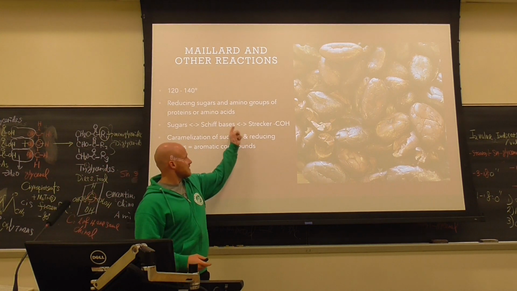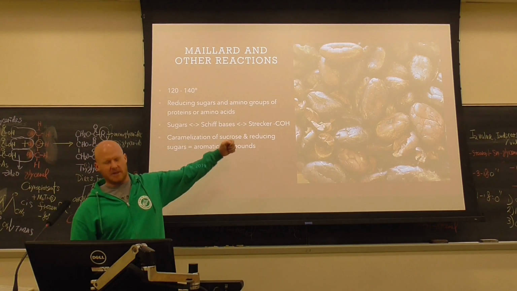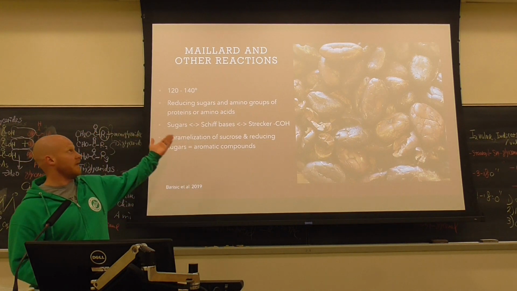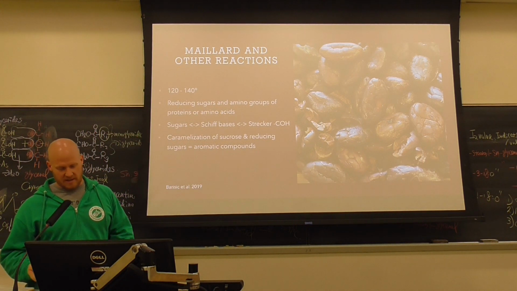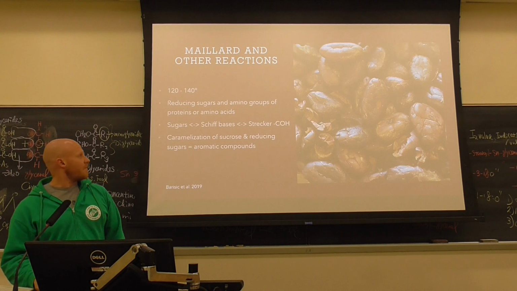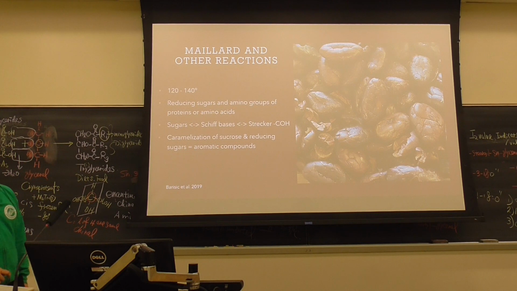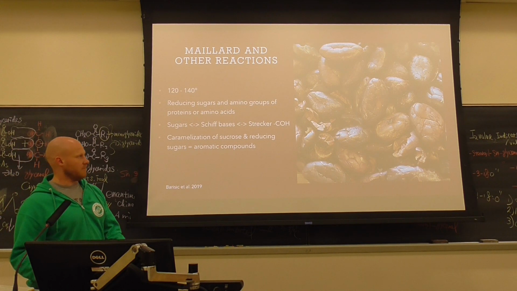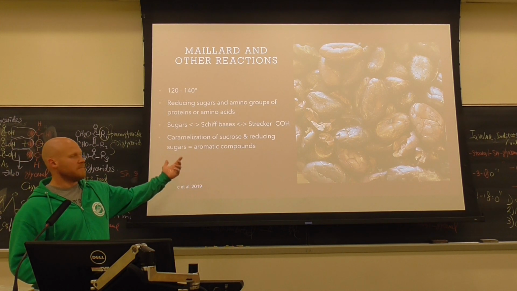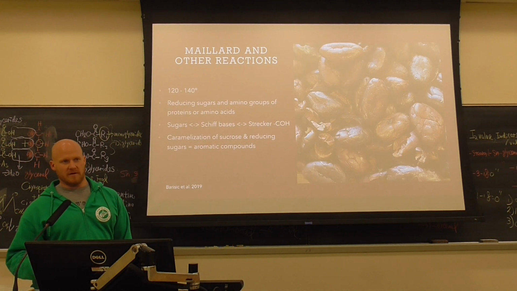And this step right here is called thermal decarboxylation, and that's again with the roasting at a very high temperature. And like I said, caramelization also happens with sucrose and reducing sugars, and gives us the beautiful brown color and more aromatic compounds that we love about chocolate.